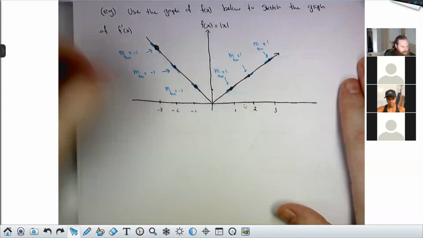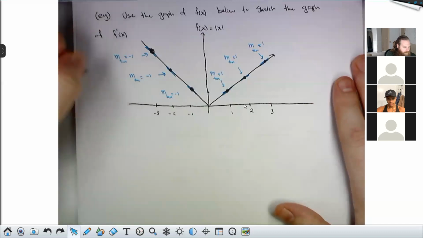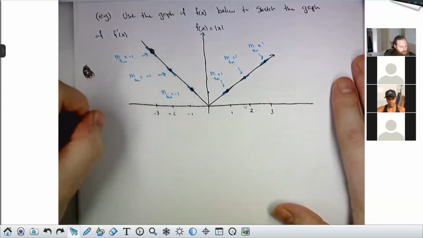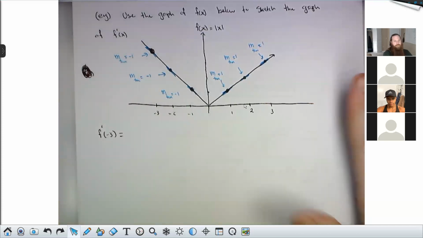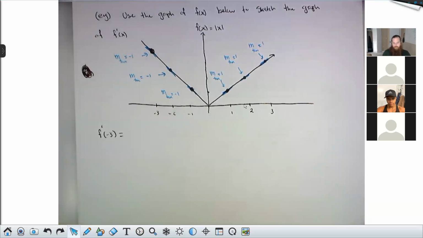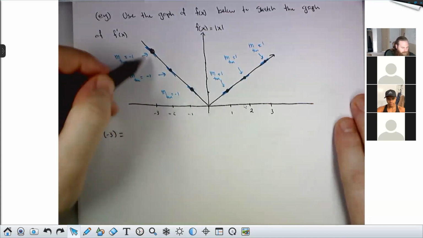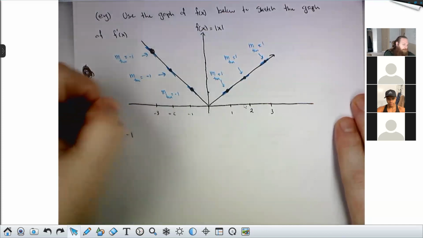So based on these estimates, what would you say f primed of -3 is? -1. Yeah, good. -1, right? It's the slope of the tangent line to f of x at x equals -3, which is -1.